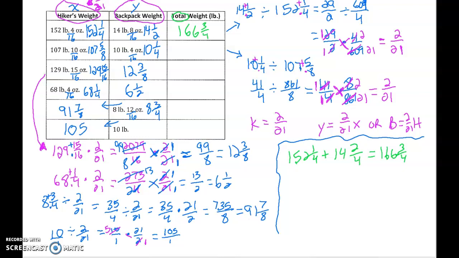107 5/8. I'm going to do one more, and then I'm just going to fill it in for you. If you need help with this, please let me know. Again, I don't need 1/4. I need it to be out of 8. So if I double the 1 and the 4, I get 2 8ths. 107 plus 10 is 117. 5 8ths plus 2 8ths is 7 8ths.